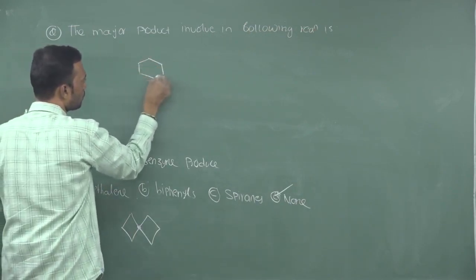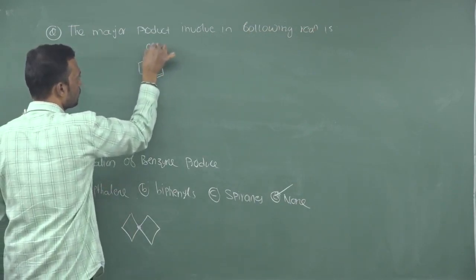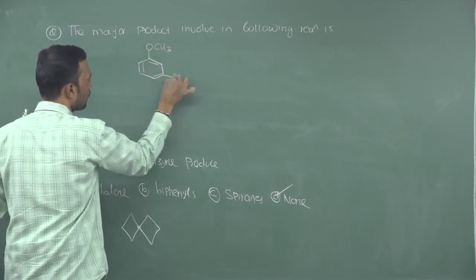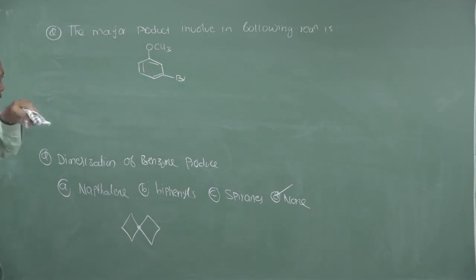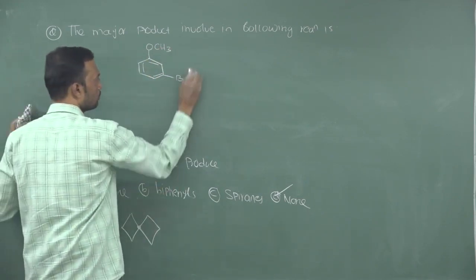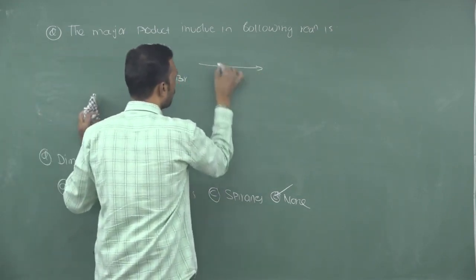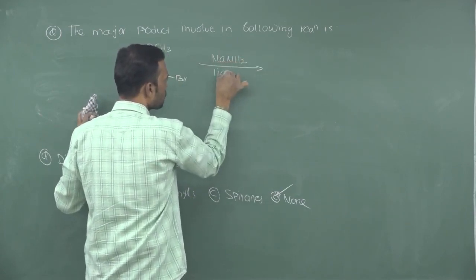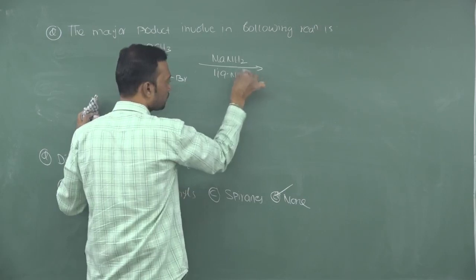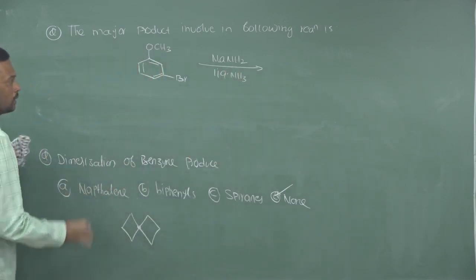What is the major product involved in this reaction? This is OCH3 and here they have given Br. NaNH2 in liquid ammonia. This is a CSIR question with 4 options I am giving. Sodamide in liquid ammonia.